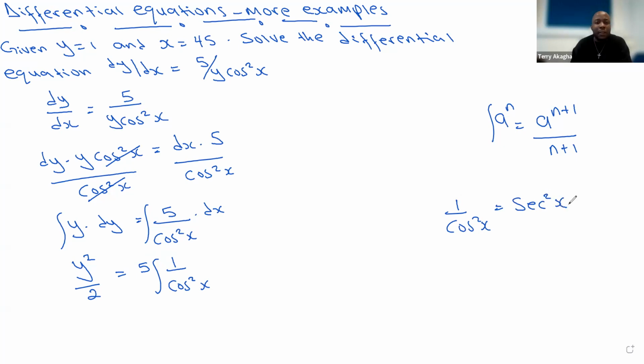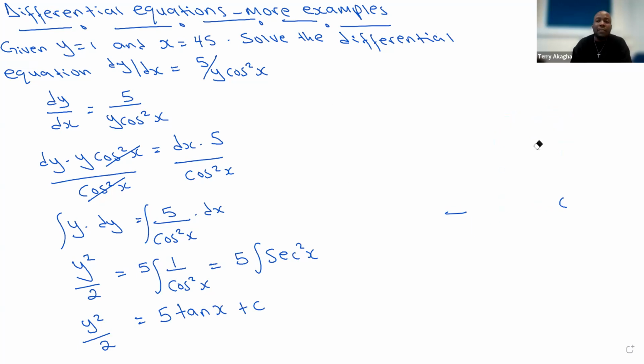So I can rewrite all this as 5 integrating sec squared x. Are you seeing it? And when you integrate sec squared x, it gives you tan x. So this is going to be y squared divided by 2 equals 5 tan x plus c. We've gotten the first answer now.